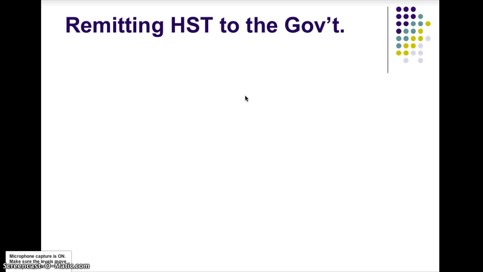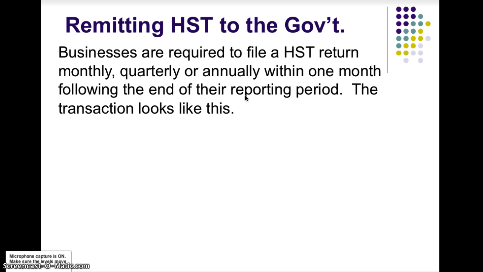Remitting HST to the government. This means handing over the money of taxes we have been holding onto for the government. Businesses are required to file an HST return monthly, quarterly, or annually within 1 month following the end of their reporting period. The transaction looks like this.